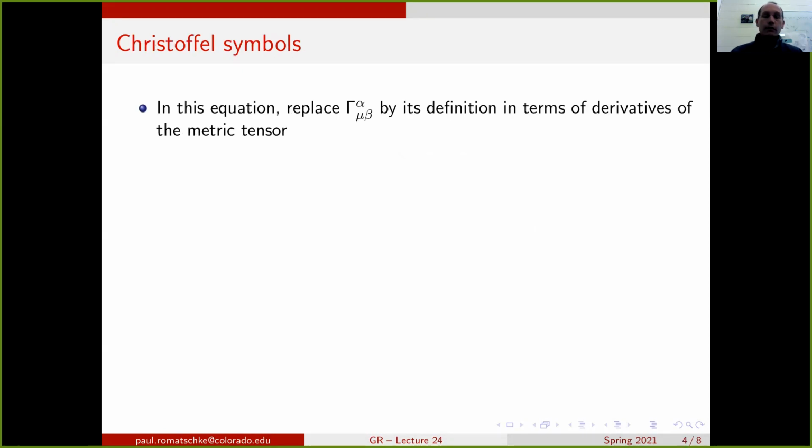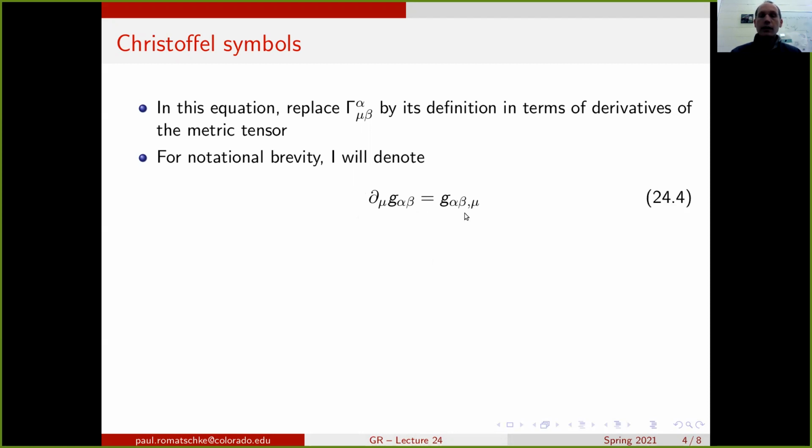The Christoffel symbols are, of course, given in terms of the derivatives of the metric tensor. If you plug in the definition of the Christoffel symbols in the equation that we've just written down, we find a lot of derivatives of the metric tensor. And for notational brevity, I will denote these derivatives of the metric tensor by a simple comma.